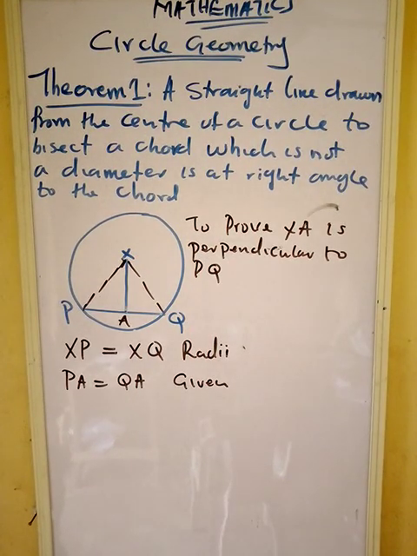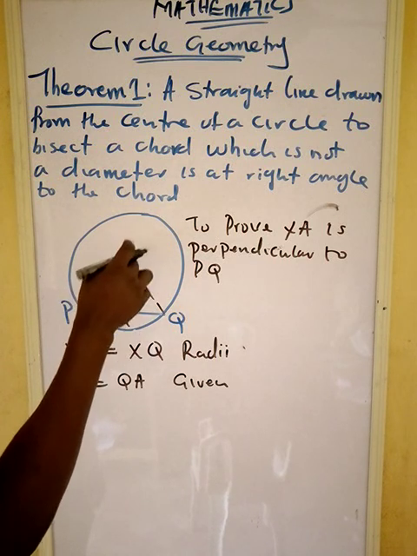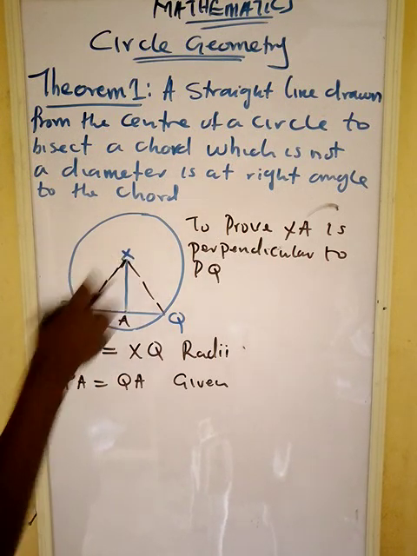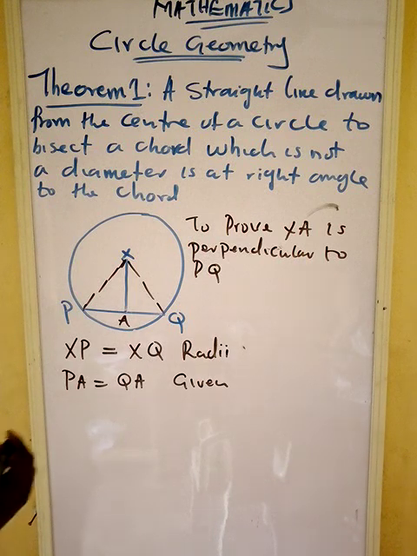From this, we need to know that AX, this is our XA or AX, is common to angle PAX and angle QAX.